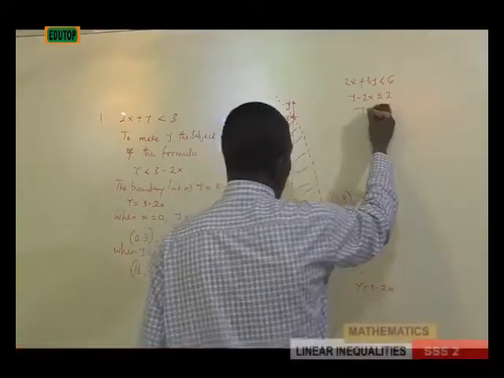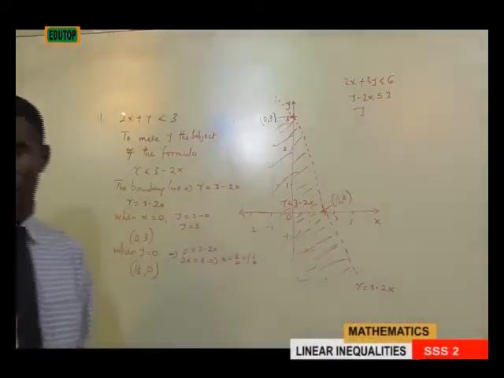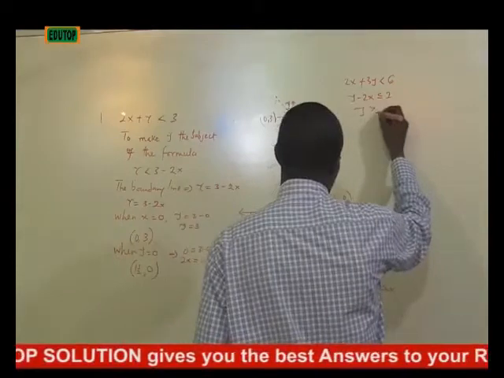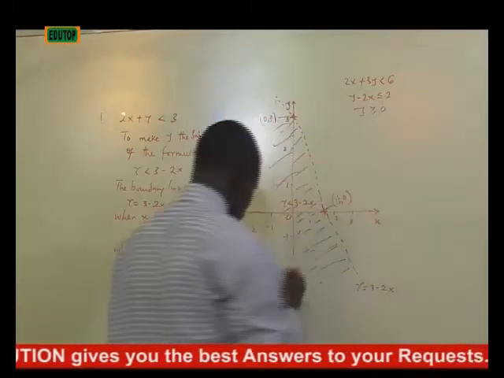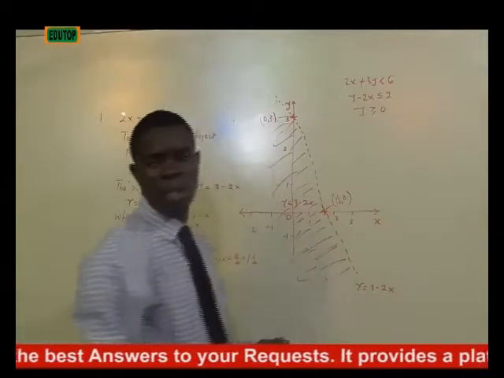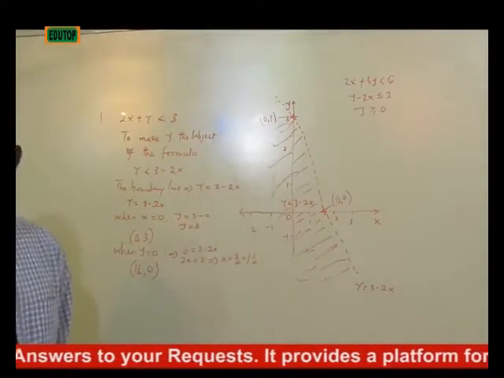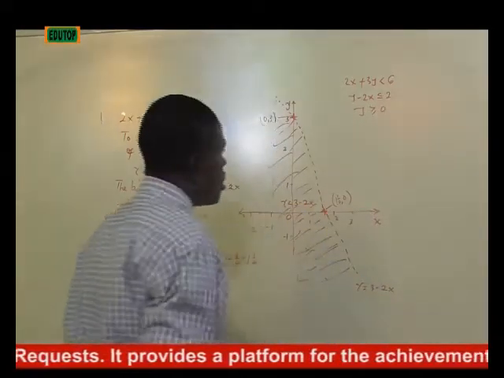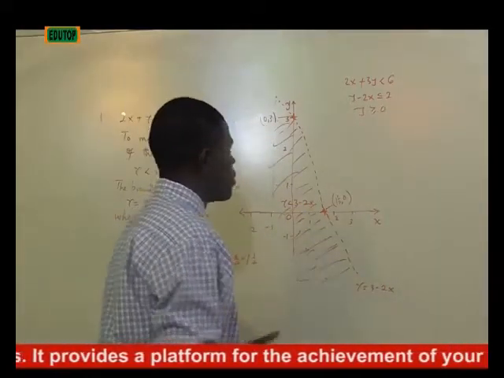Then we have y greater than or equal to 0. So these are the 3 inequalities that we have. We are asked to show the region on the graph that contains these inequalities.